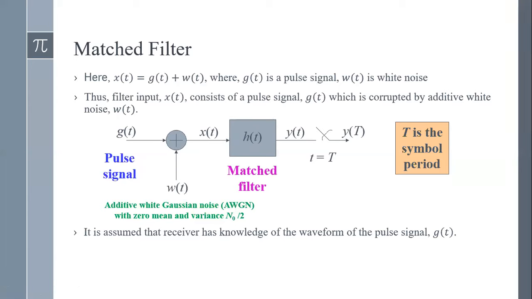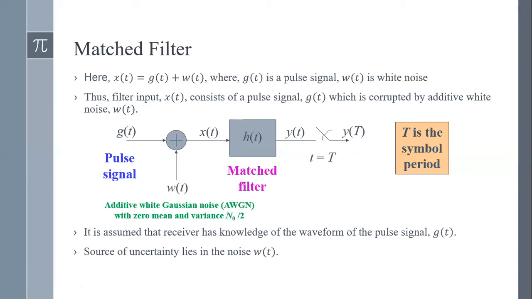Here I am sending a square waveform, so we assume that the receiver knows that a square waveform will be sent, not a square pulse and then a triangular pulse, but a square pulse.